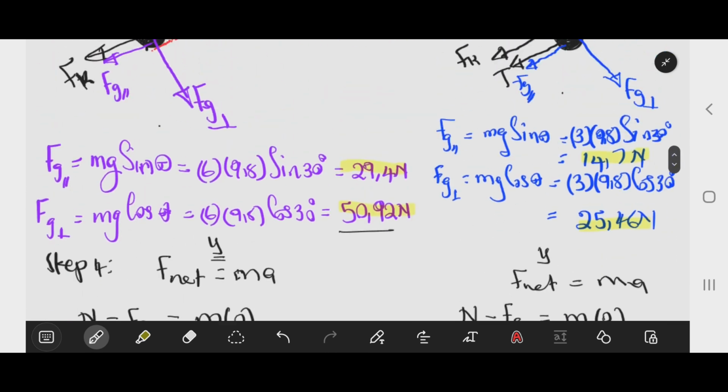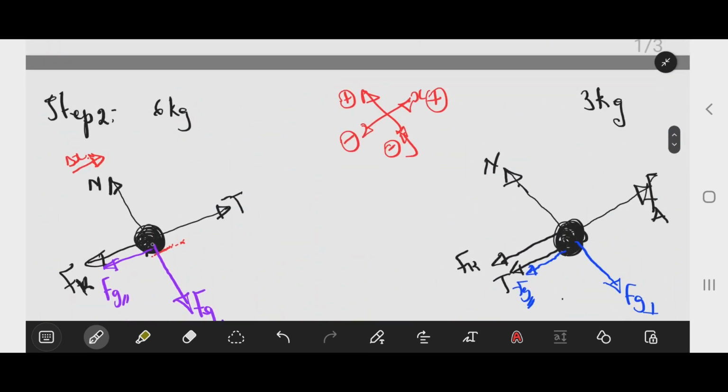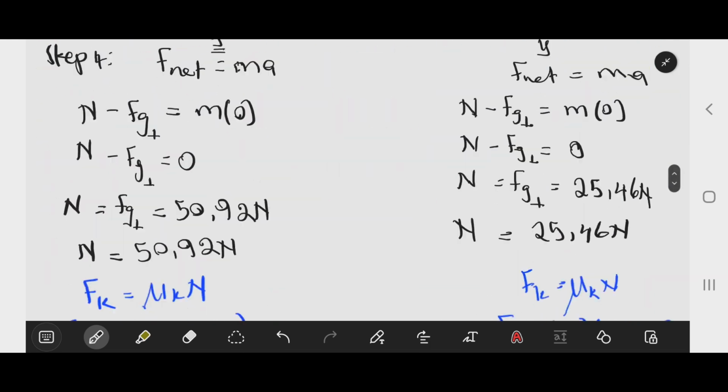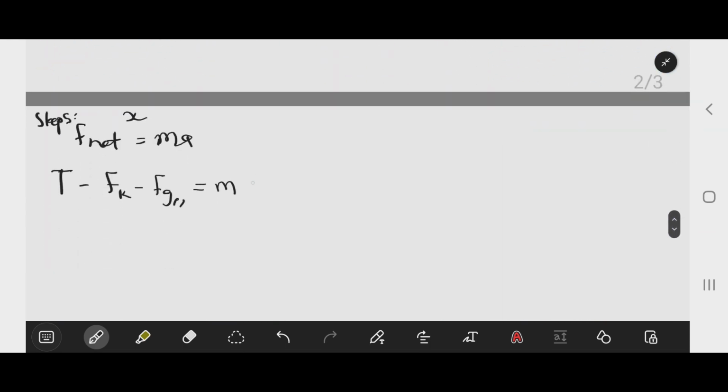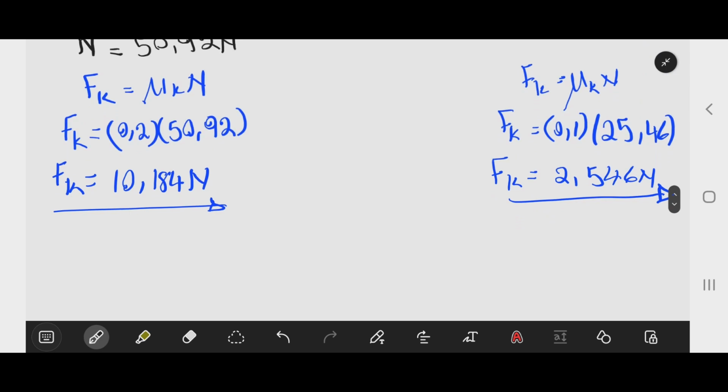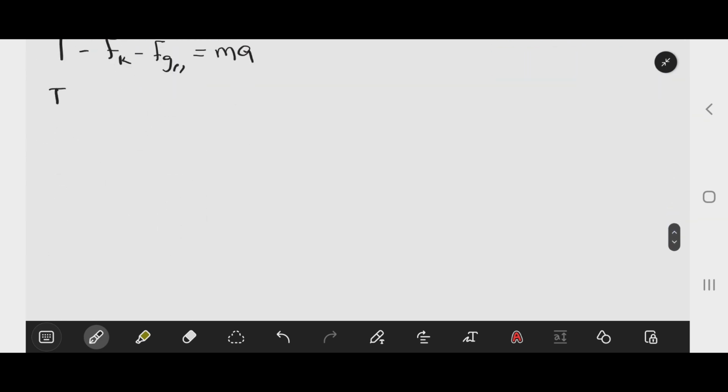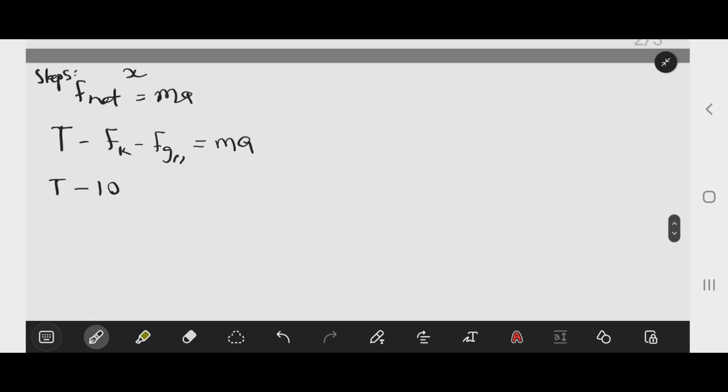And remember now the acceleration, these objects are accelerating upwards, right? They're moving upwards, so the acceleration is positive, acceleration positive a, right? So that would be tension minus, remember we have obtained friction in the y direction, which is 10.184. That would be minus 10.184, right?